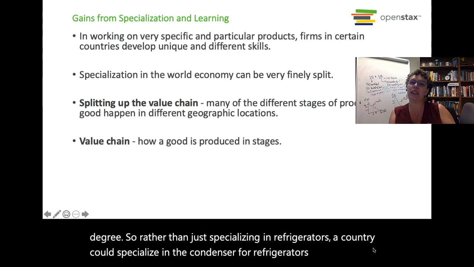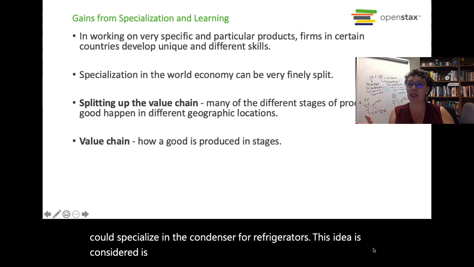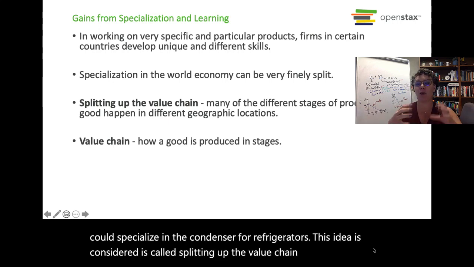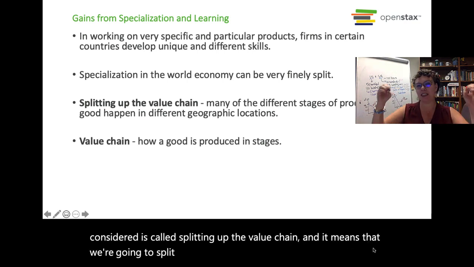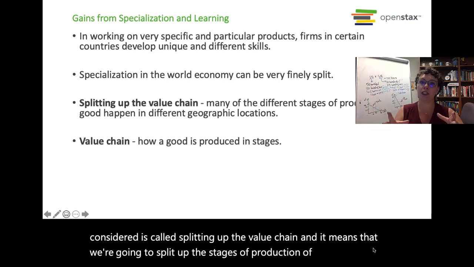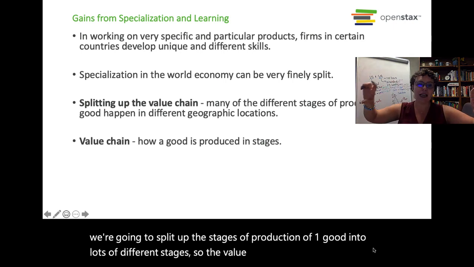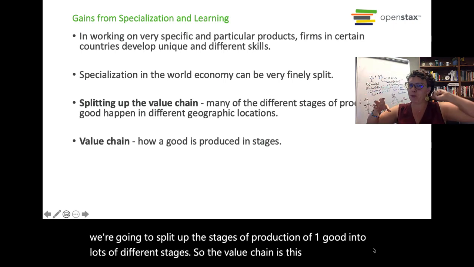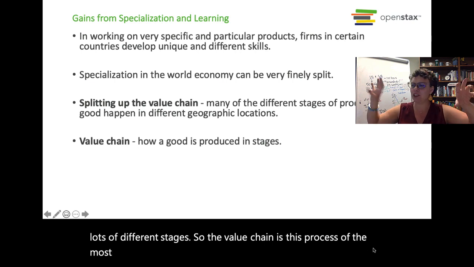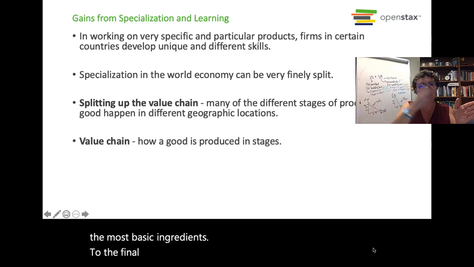This idea is called splitting up the value chain. It means that we're going to split up the stages of production of one good into lots of different stages. The value chain is this process from the most basic ingredients to the final product. Each level of production is adding value.